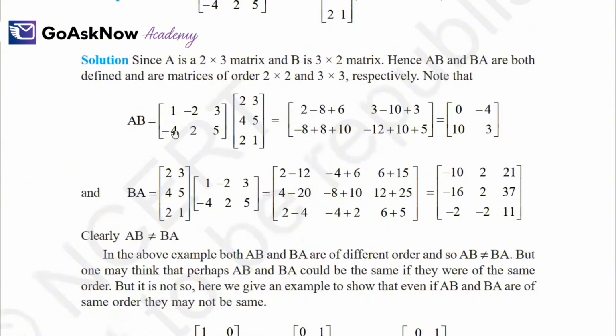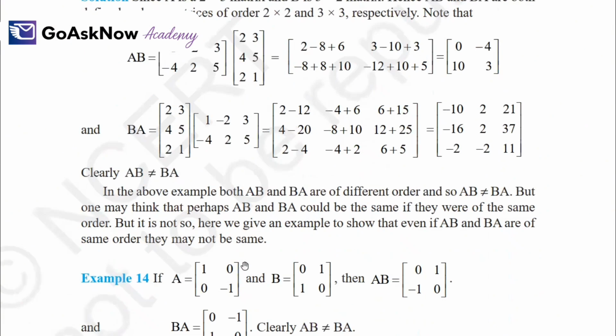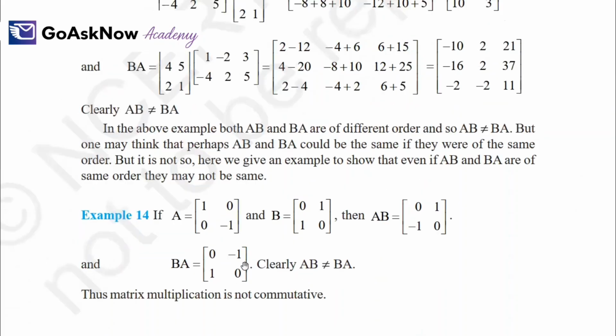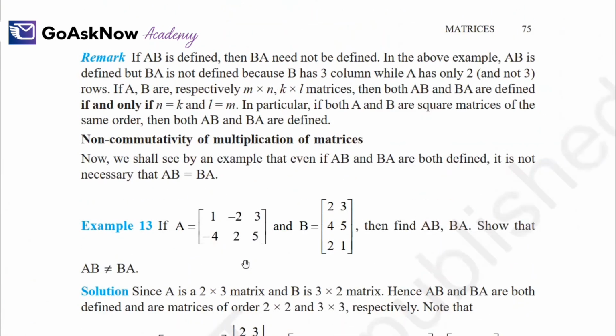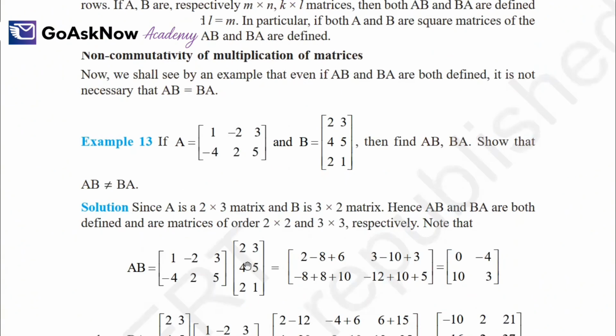AB comes out to be 0, minus 4, 10, 3 and BA comes out as minus 10, minus 16, minus 2, 2. There you can see the order is also not equal for AB and BA. So clearly AB is not equal to BA. That is how you can prove the non-commutativity of multiplication of matrices.